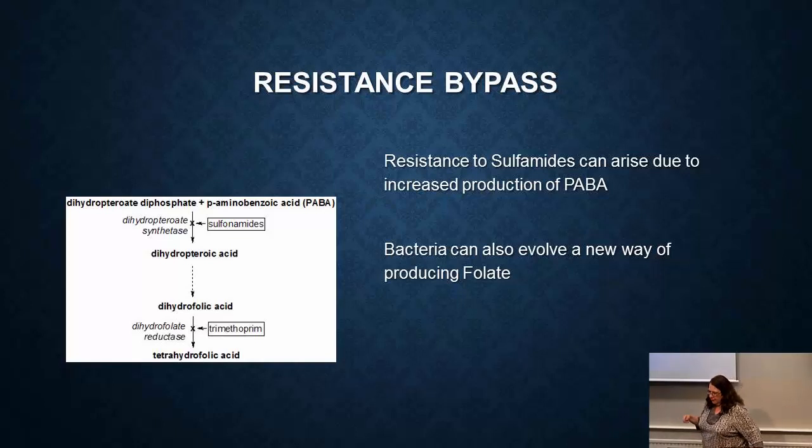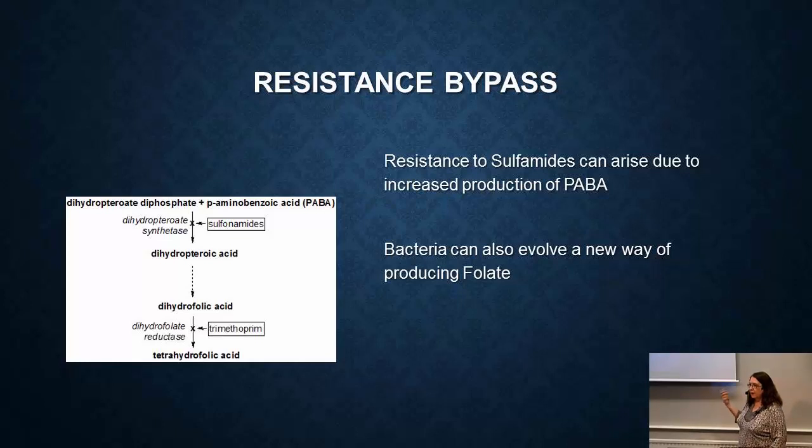Okay, another example of a way in which a cell can become resistant is bypass. So I showed you this picture before, where you have these two drugs, the sulfonamides and the trimethoprim, which both turn PABA into folic acid. And folic acid is needed for a lot of things in the cell. There are multiple ways in which cells become resistant to this. One way is by overproducing PABA.